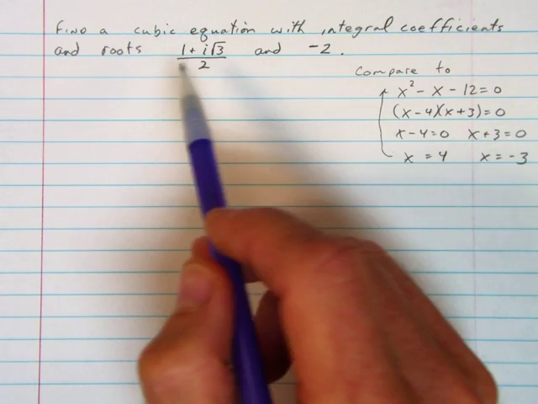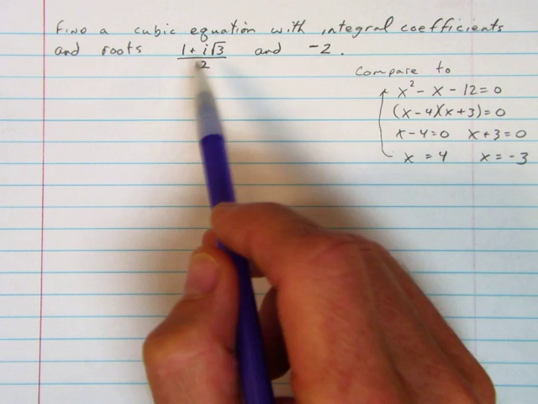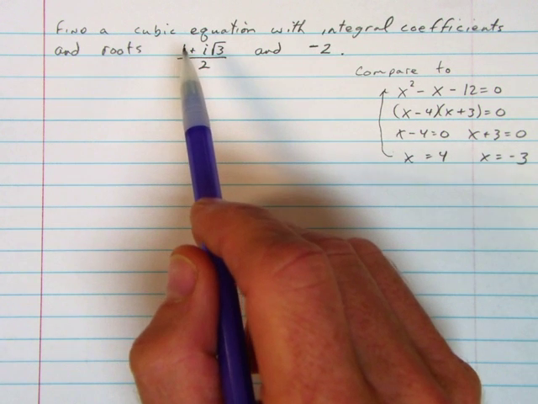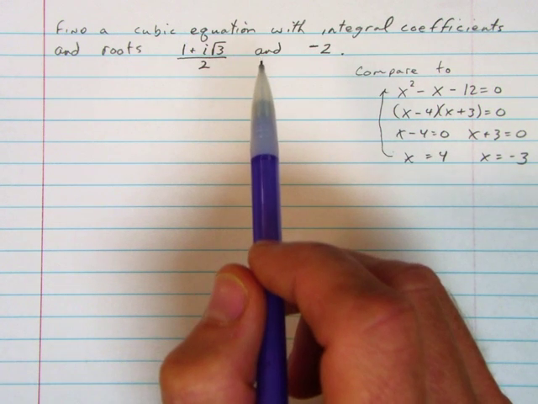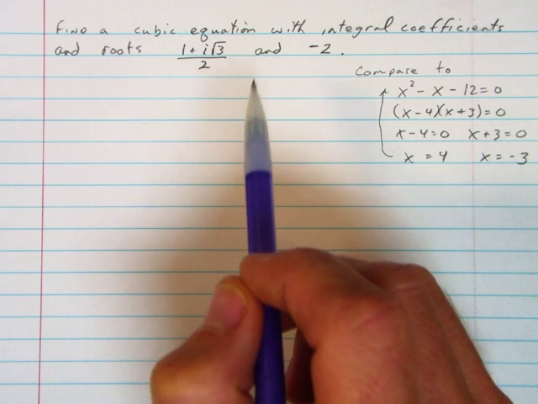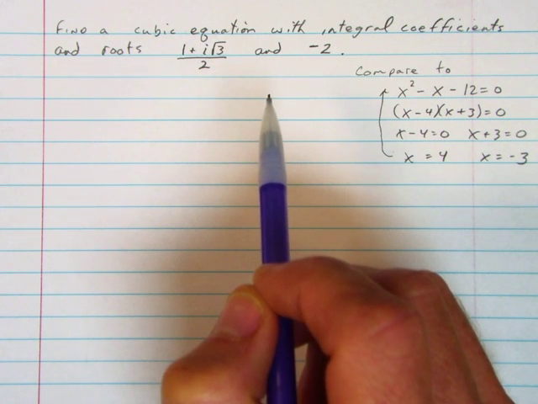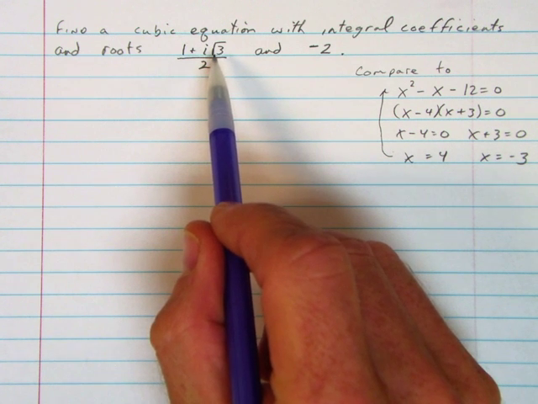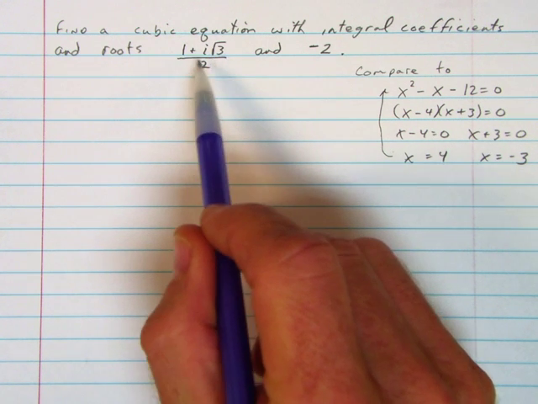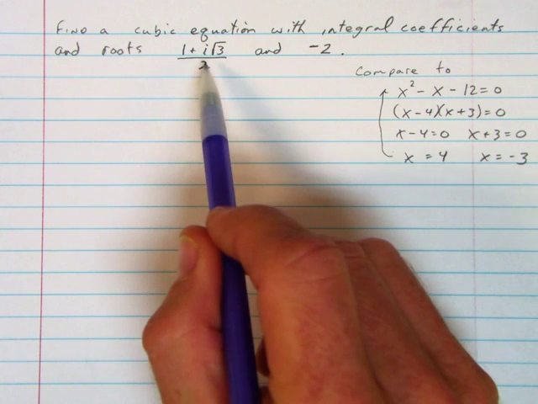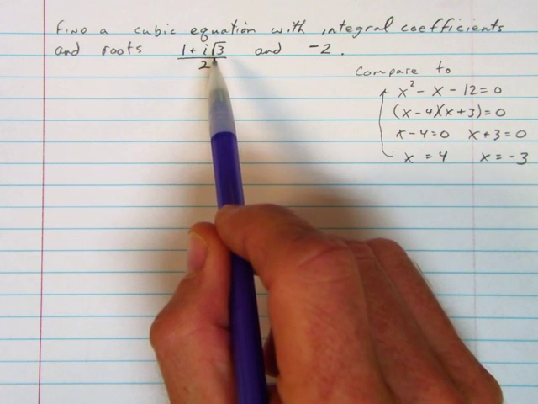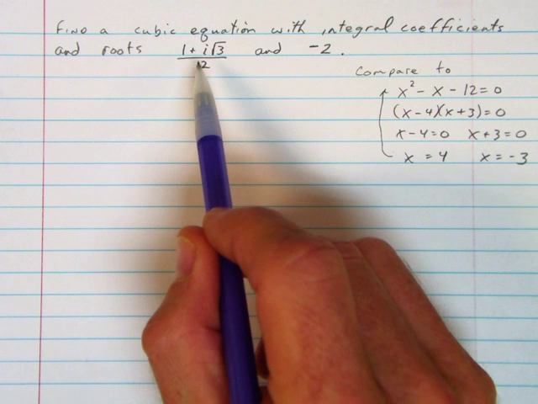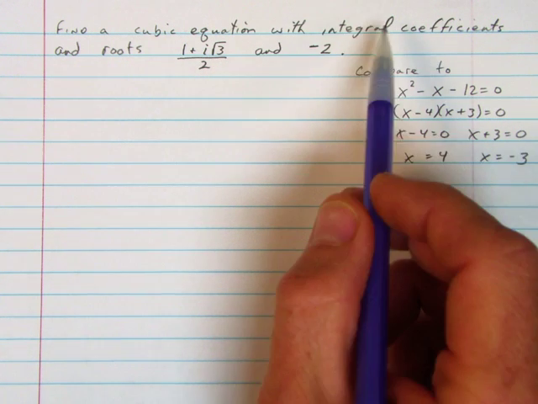So it's given us only 2 roots, and we know there are 3. But if we look at our theorem, it says if we have a polynomial with rational coefficients, and actually this one with real coefficients because we have a complex number here, then when a plus bi is a root, a minus bi is also a root.